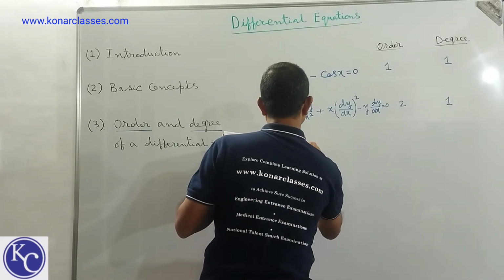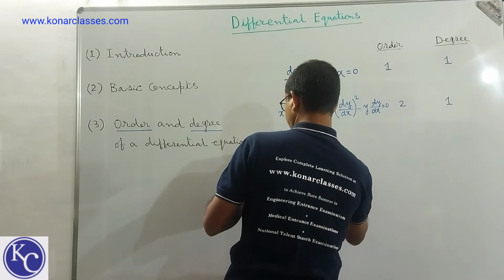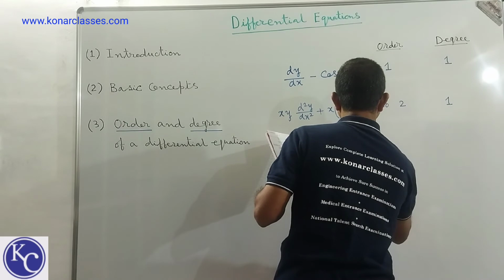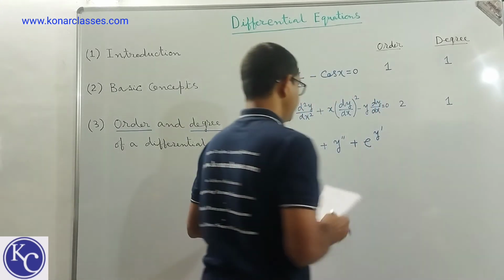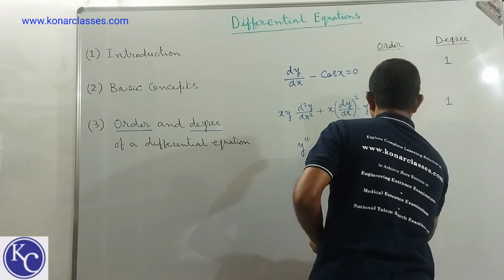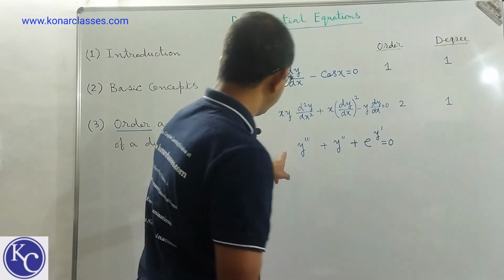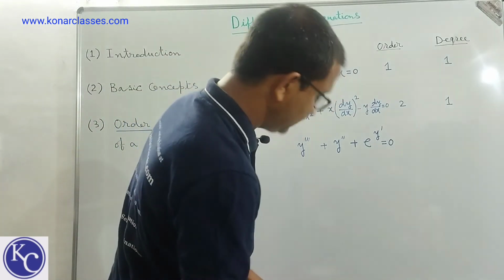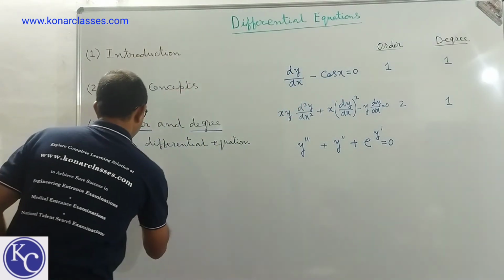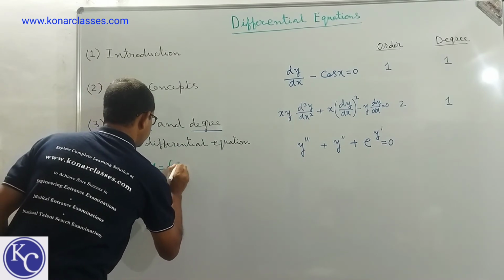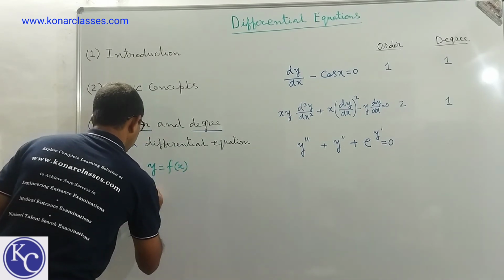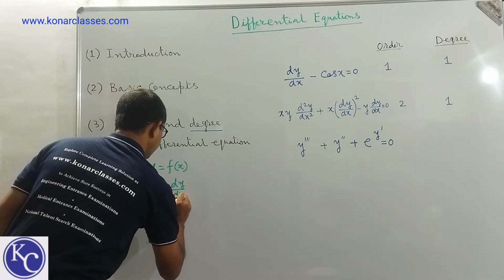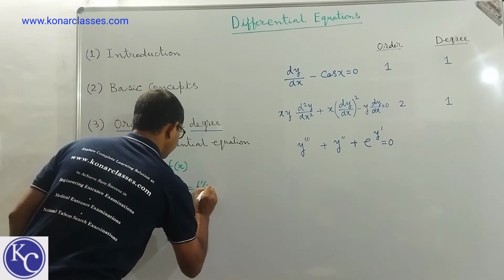y triple dash plus y double dash plus e to the power y dash equal to 0. By the way, what are y triple dash, y double dash and y dash? I can tell you in brief: if y equals f(x), then y dash is nothing but dy/dx, that is f dash x, the first order differentiation.